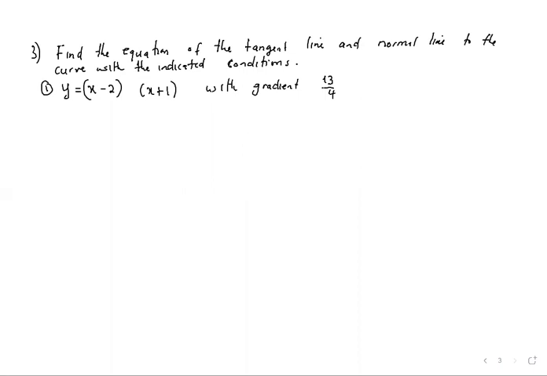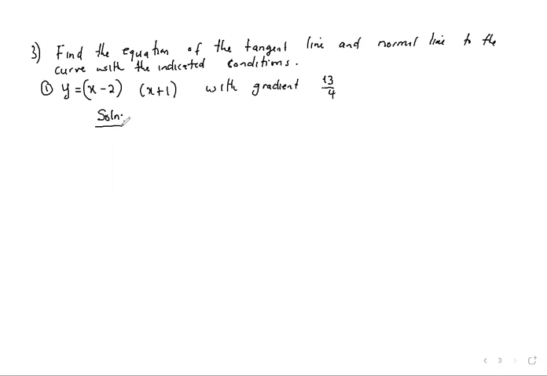So y is equal to (x minus 2) and (x plus 1) with the gradient 13 over 4. So here what you do is you can actually expand this one.